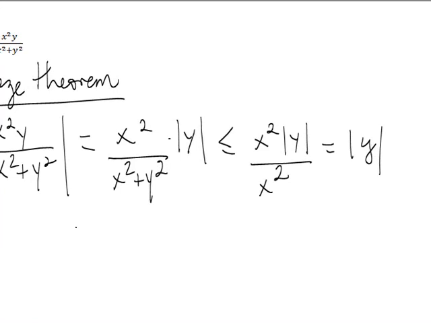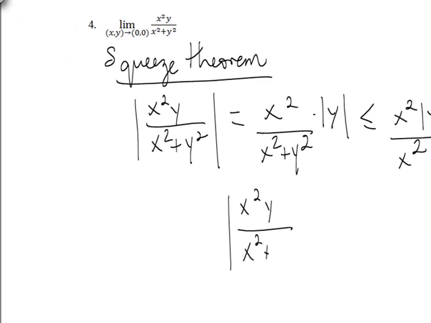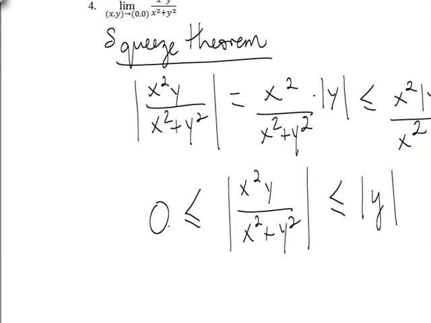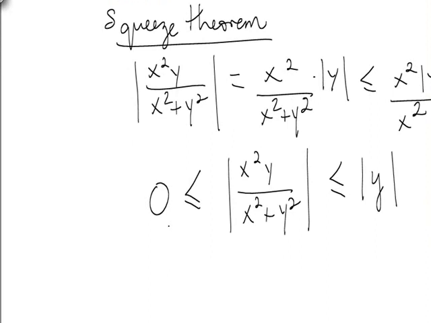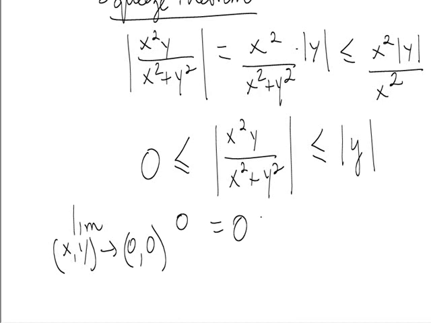We have that this here is less than or equal to absolute value of y, but greater than or equal to 0. Now you check the limits. The limit as (x,y) approaches (0,0) of the function on the left, 0, is 0.